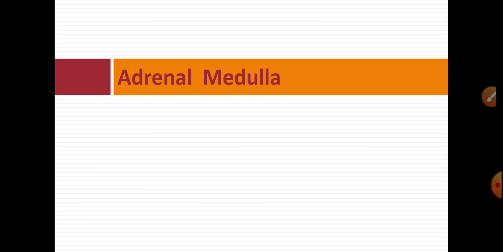Out of the mineralocorticoids secreted from zona glomerulosa, aldosterone is the most important hormone, and it has three important actions: reabsorption of sodium ions, excretion of potassium ions, and excretion of H plus ions.